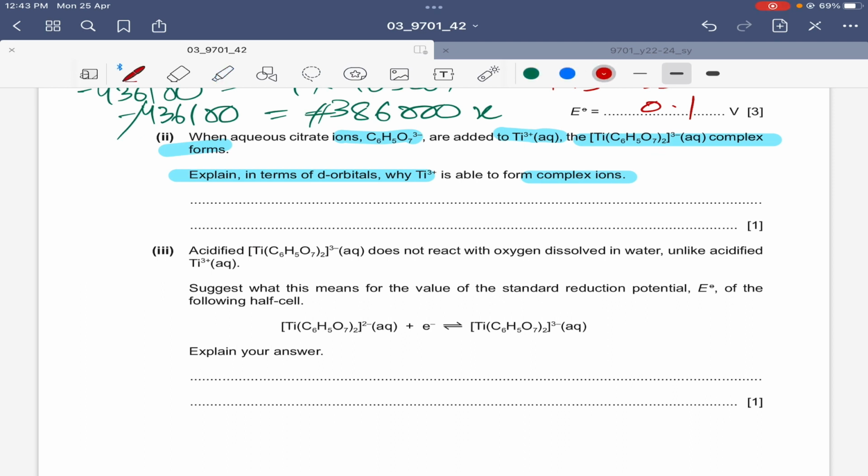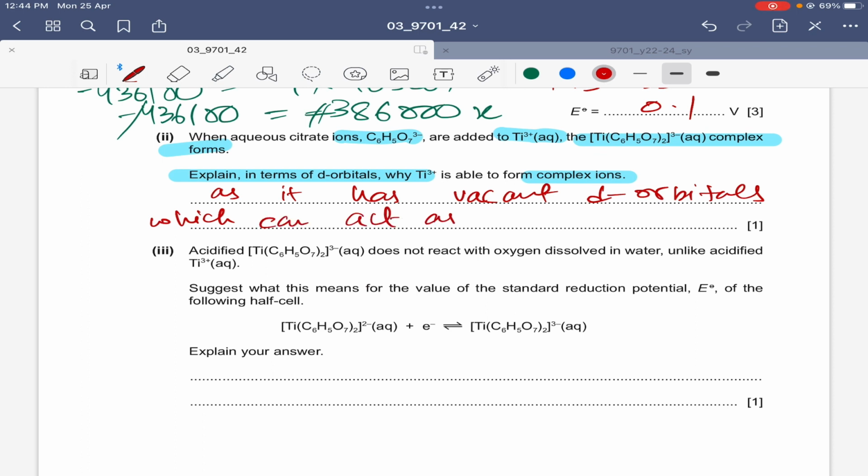Any transition element can form complex ions due to the availability of vacant d orbitals, which can act as acceptors in dative bond formation. So as it has vacant d orbitals which can act as acceptors in dative bond formation.